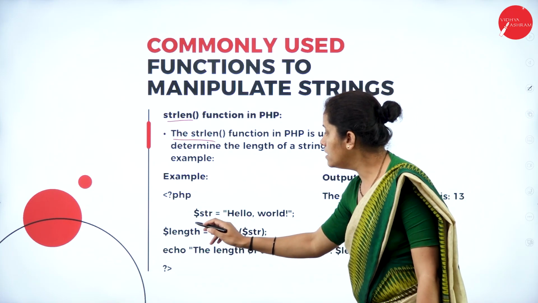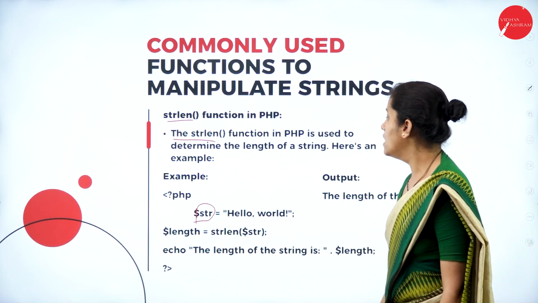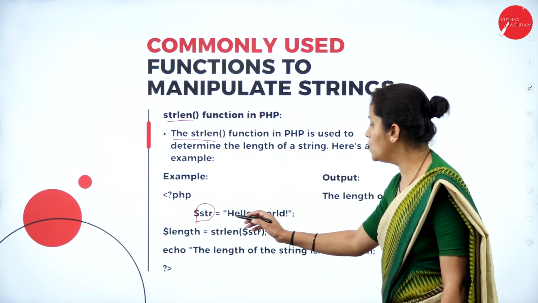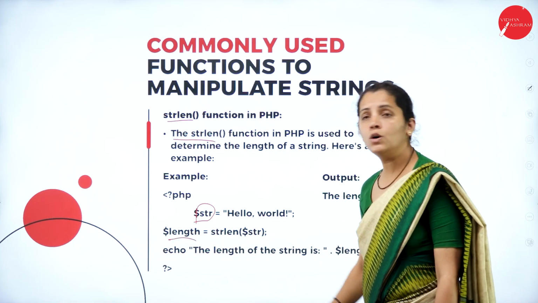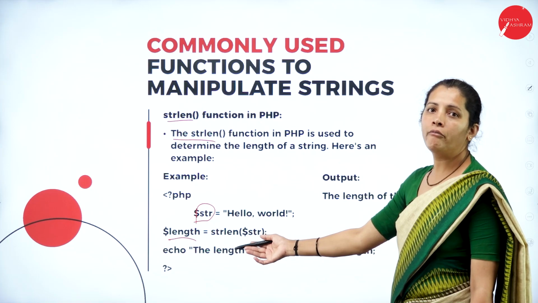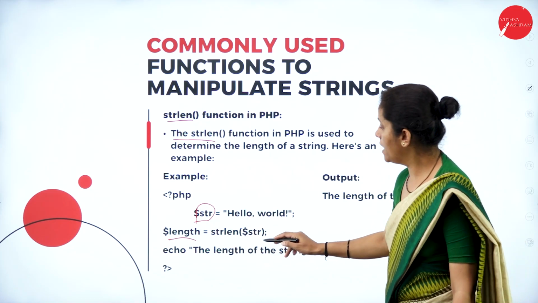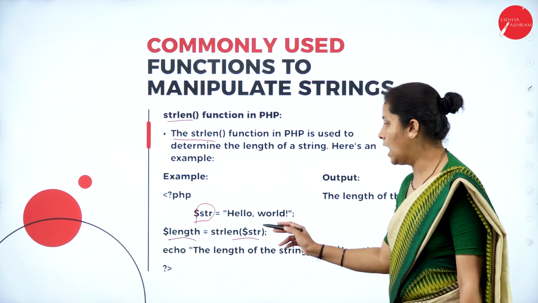So here I have the string variable called str and I have the message hello world. Now I take a variable called len and call the function strlen, passing the argument str.